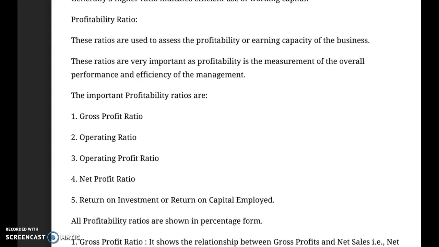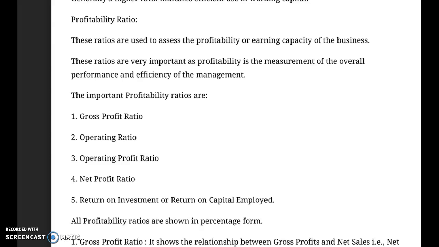As you all know, profit is a very important element for any organization, so its calculation is also very essential. With the help of profitability ratios, we are in a position to frame our financial policies, and these ratios are used to assess or evaluate the profitability level and the earning capacity of the business.